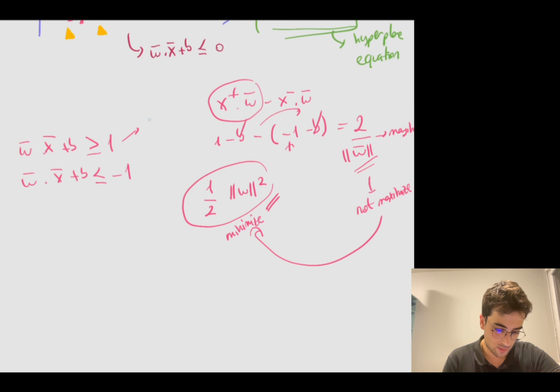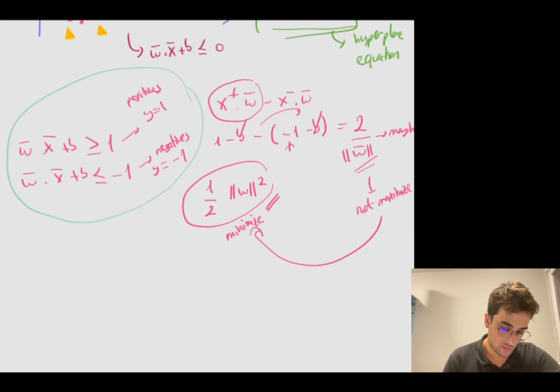This one is for the positive values, y equals 1, let's say, positives. And this one is for negatives, y equals minus 1. Let's change the color. So these are the constraints, and this is the objective function. We want to minimize it.